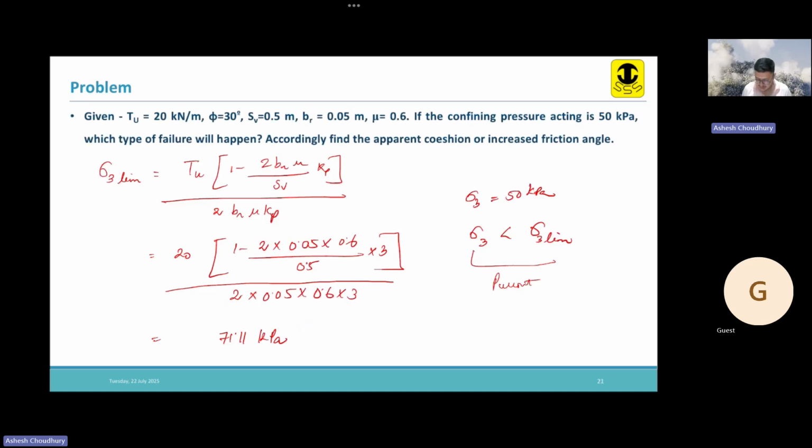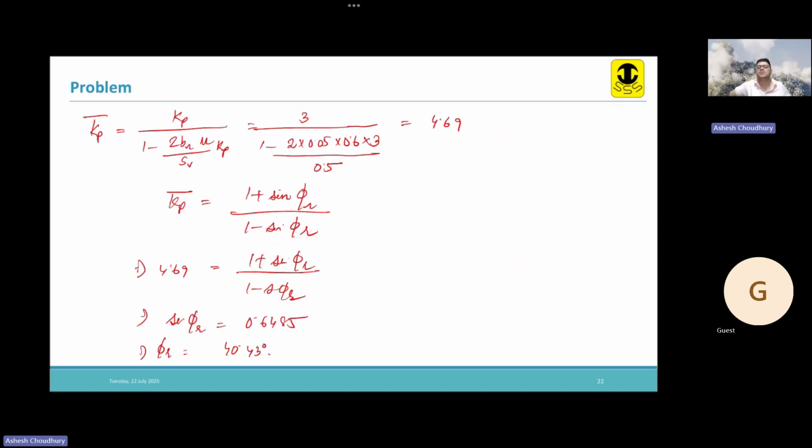This is the increase. Initially say 30 degrees, but now due to the reinforcement, my friction angle has increased to 40.43 degrees. Okay.